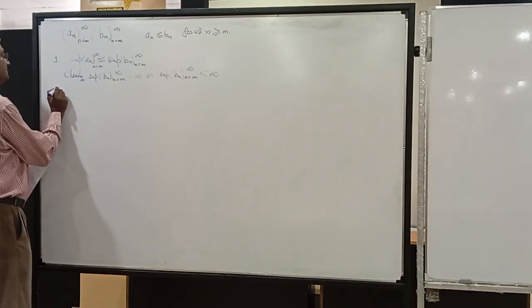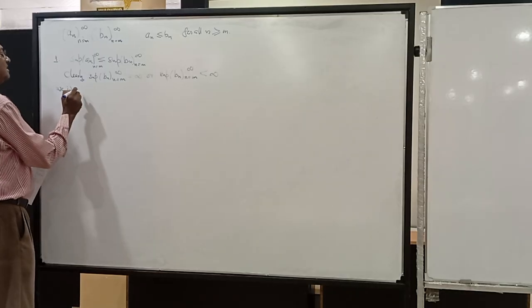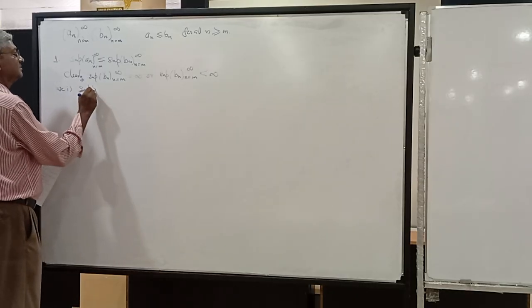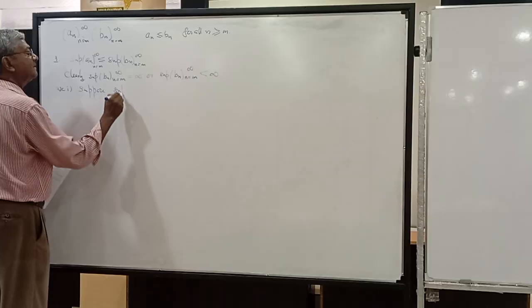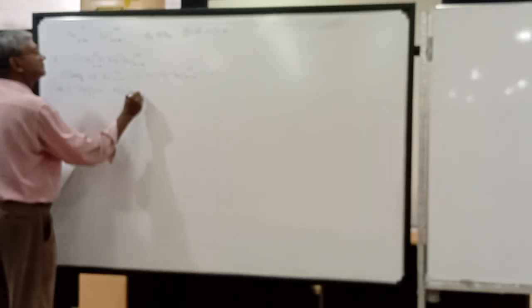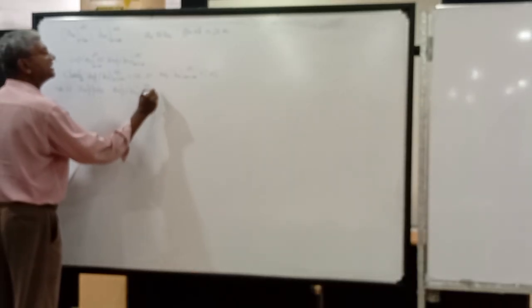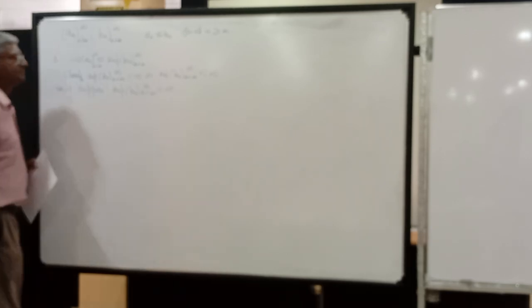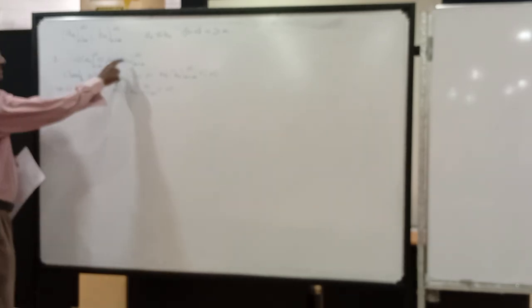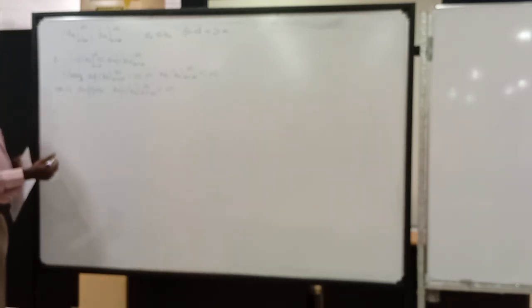let's take this one. Suppose sup b_n, n going into infinity, is infinity. If this is infinity, there is nothing to do.